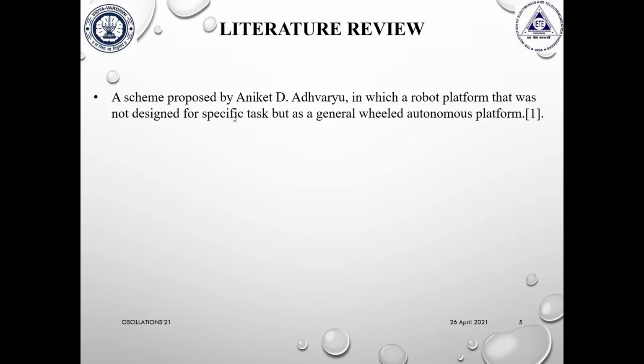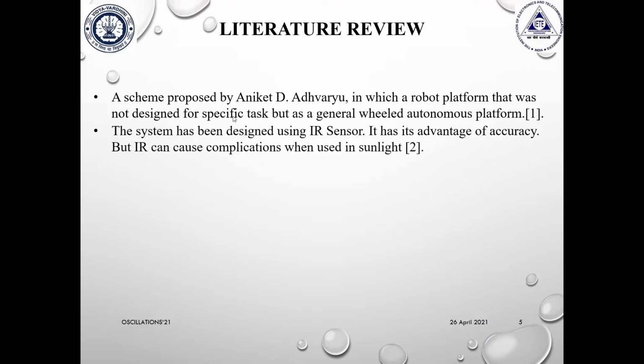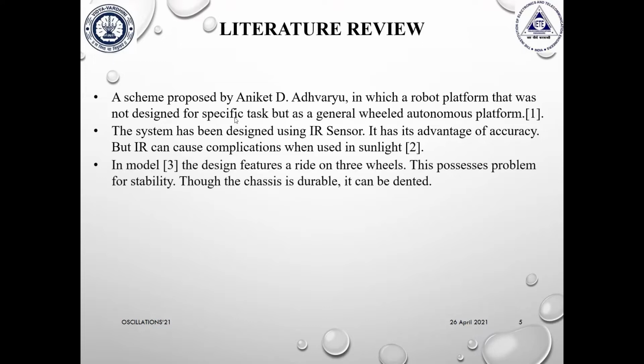Moving on to the literature review. By reading different papers, the idea received is that the robot platform is designed as a general wheeled autonomous platform, which can be used for educational, research or industrial use. The system has been designed using an IR sensor, which has its own advantage of accuracy, but IR is liable to cause complications when used in front of sunlight.